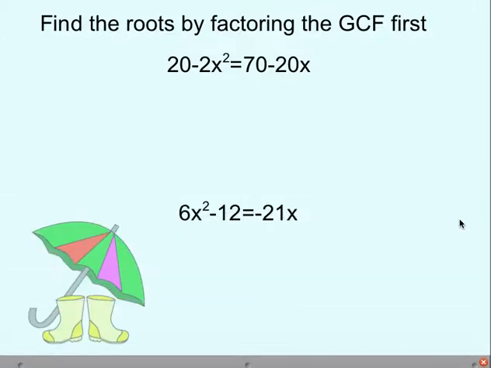So let's try it with the top one, and I'm going to get everything onto, let's say, the right side of the equation. So I'm going to subtract 20 and add 2x squared on each side.